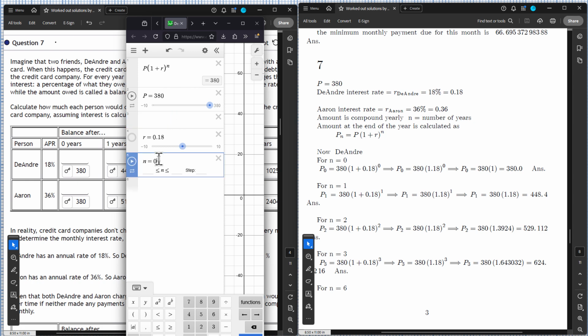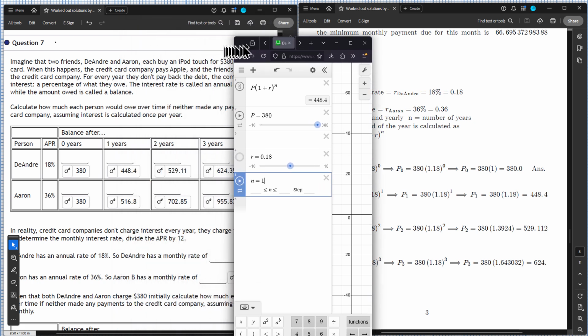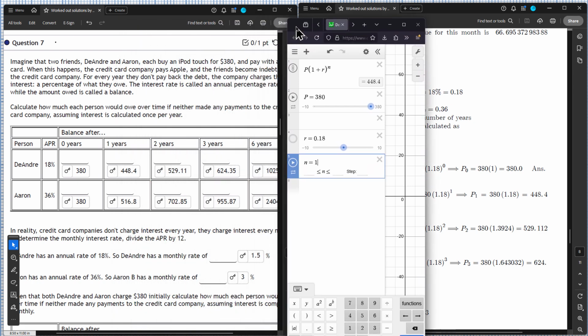And when n is 1, let's see what happens. I have 448 there. When n is 2, I have 529.